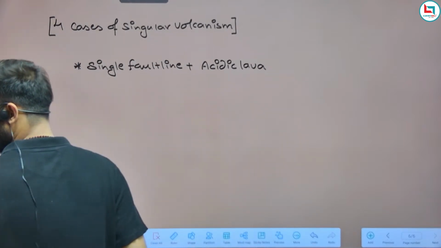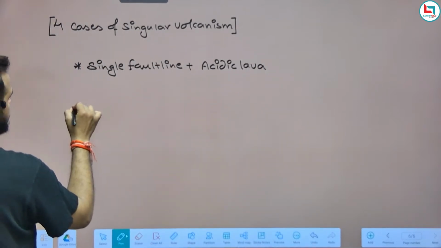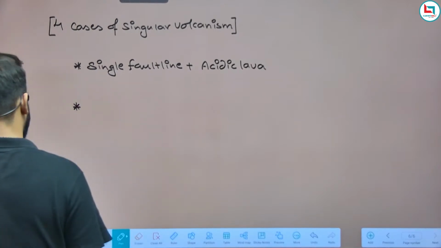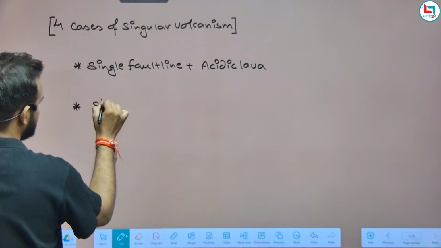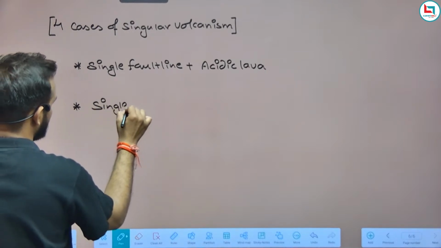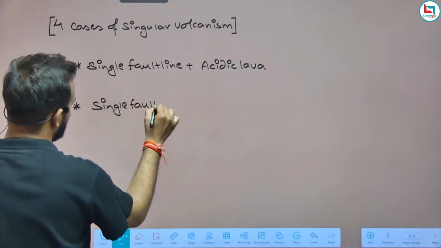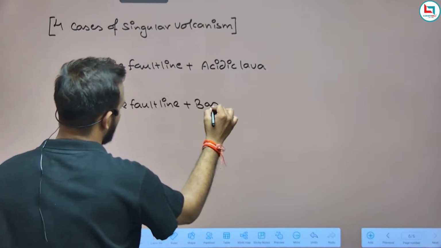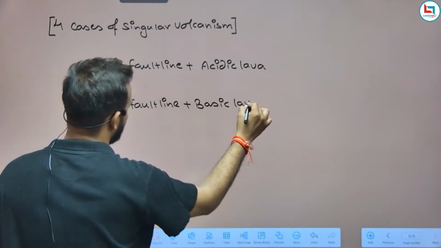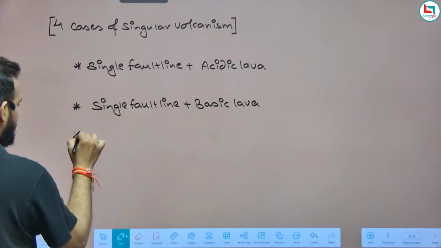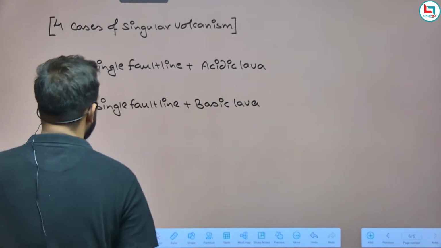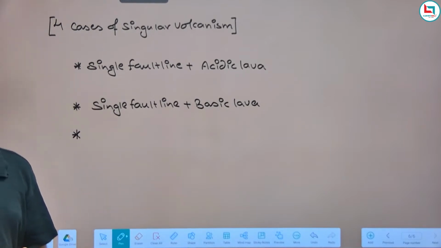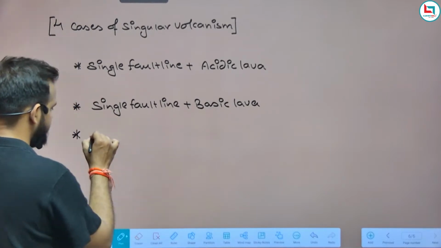After this, we have the next one, that is the single fault line plus basic lava. After this, we have the next one, multiple fault line plus acidic lava.